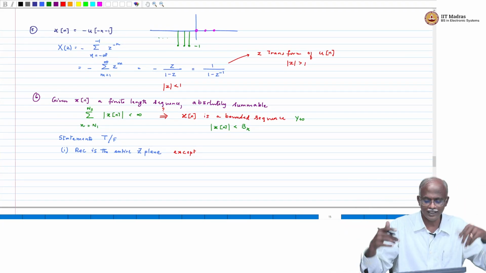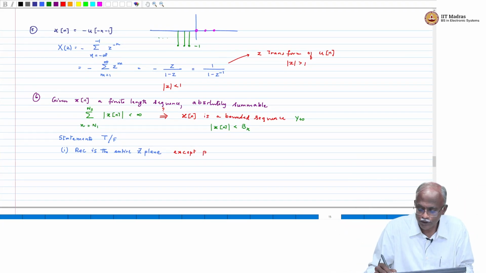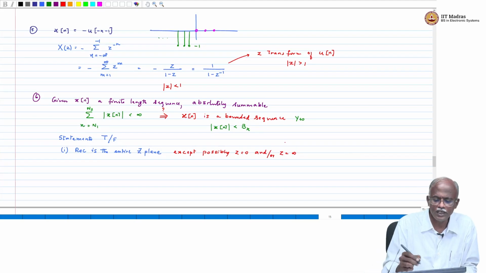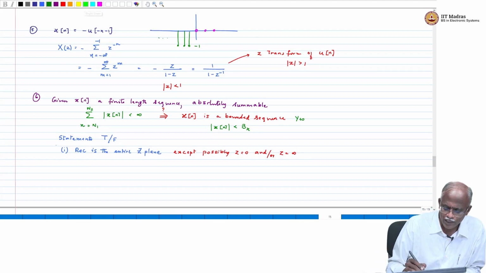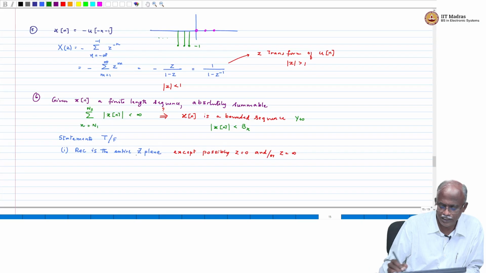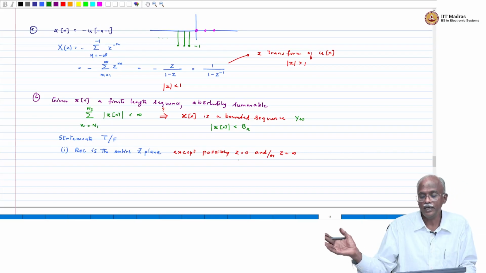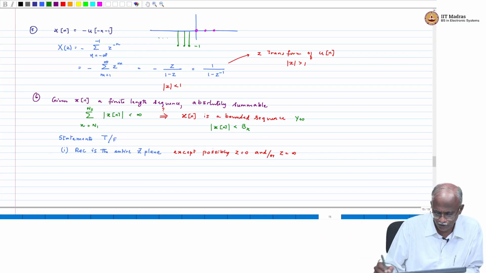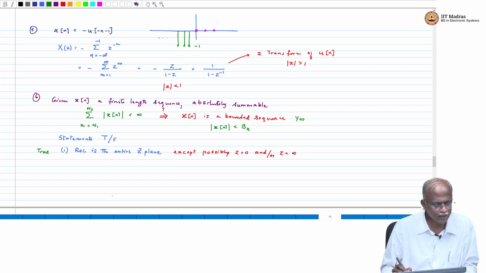If there are positive powers of z, so except possibly z equal to 0 and or z equal to infinity. These two may have to be excluded. So under that additional condition, you cannot blanket say the entire z plane is the ROC. Those exclusions will be there. Under that condition, this will be a true statement.